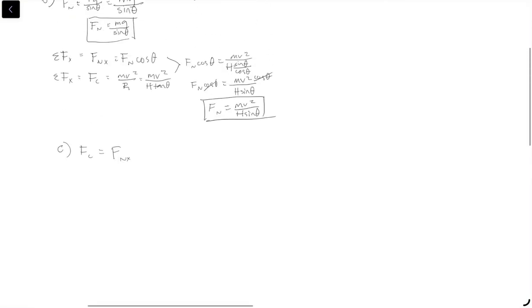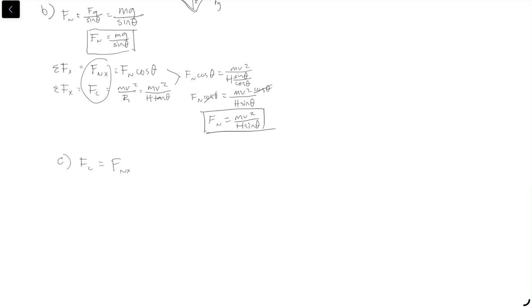Okay. For part C, we had to derive an expression using Fc. So Fc is equal to Fnx, as we dictated earlier, because they're both representative of the net force in the x direction.